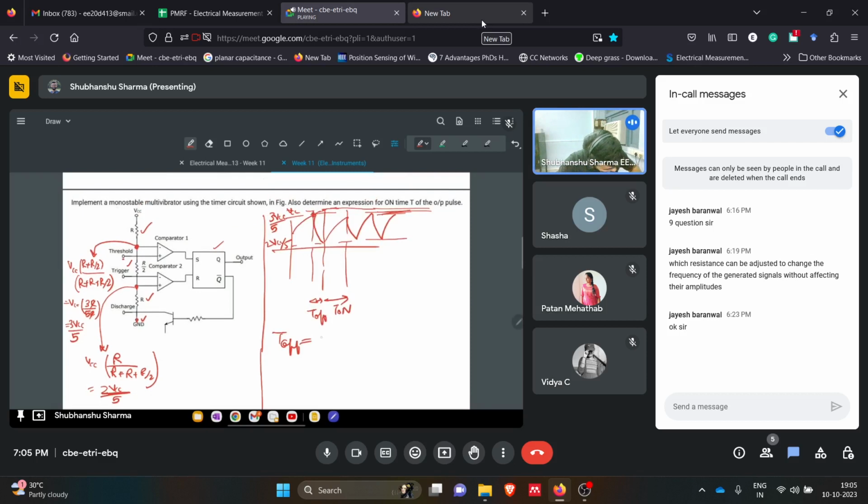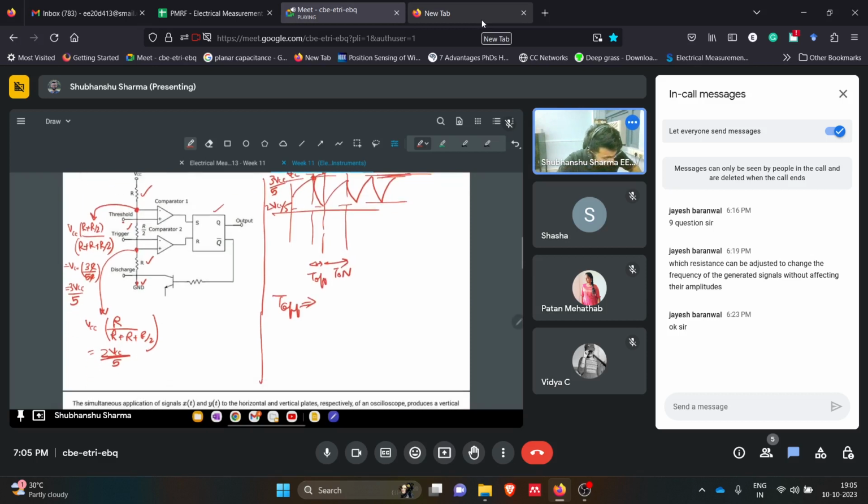So V final minus V initial, that is the capacitor voltage equation, with e to the power minus t by tau, and tau in this case is, as you saw, RA plus RB, that same RA plus RB will be there, times C.